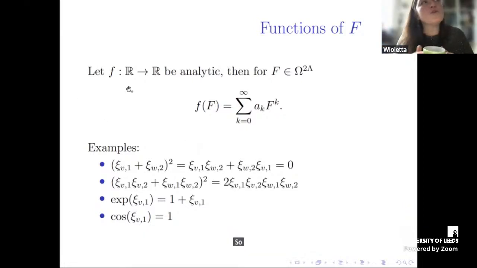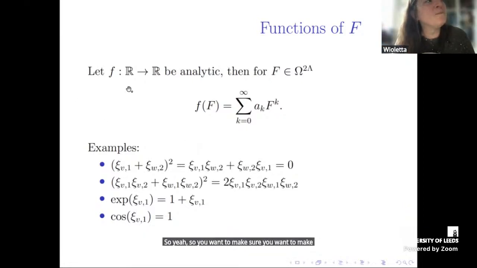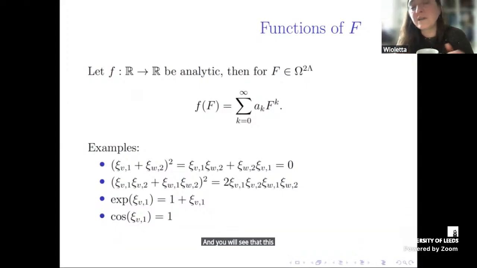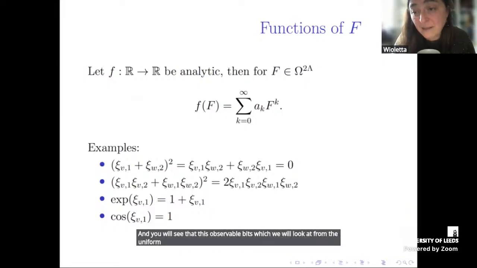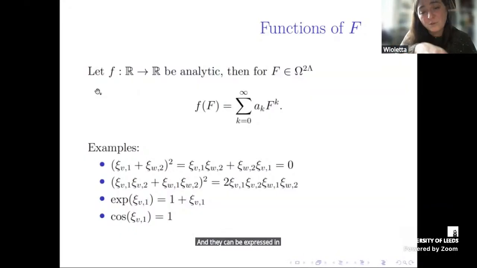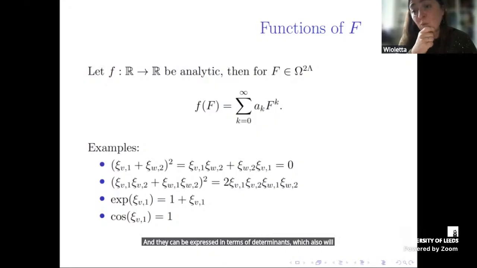So you want to introduce something which is anti-commutative, because this anti-commutation will give you negative correlations. And you will see that these observables, which we will look at from the uniform spanning tree and the Abelian sandpile, are negatively correlated. They can be expressed in terms of determinants, which will also be clear in a moment why.